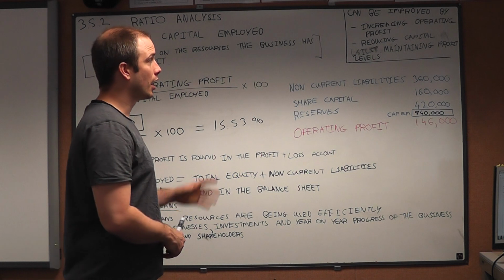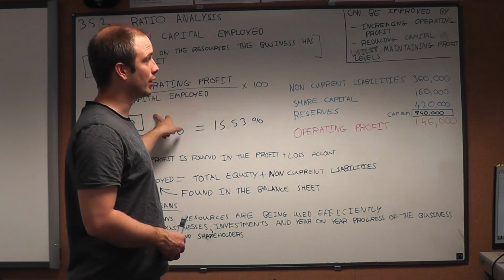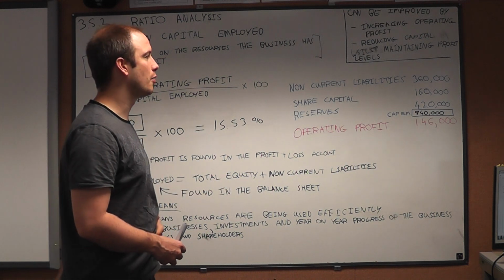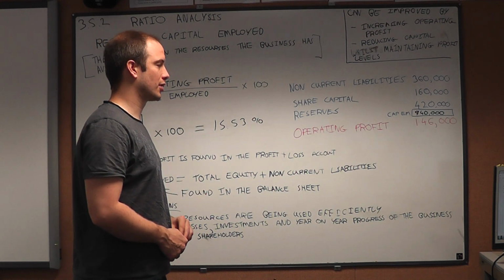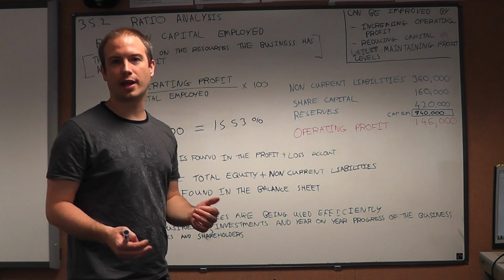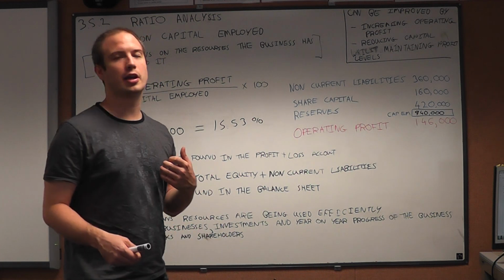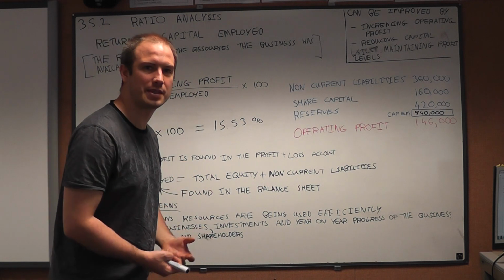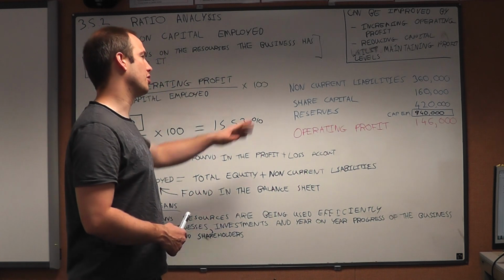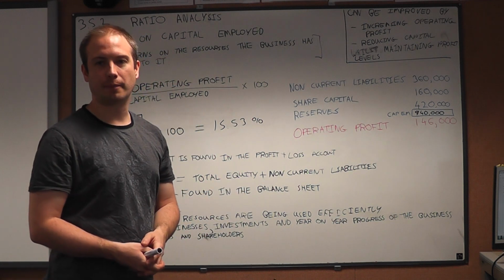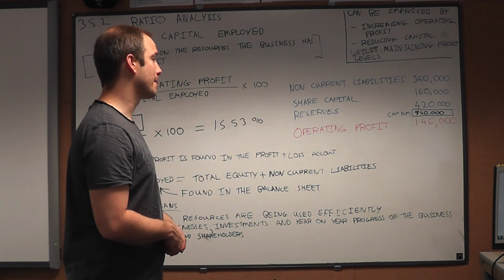The other thing is you can reduce your capital employed whilst maintaining the profit levels. That might be slightly harder to do. So you might think, can you operate with a smaller factory and perhaps sell part of it? Is the business in a position to pay off some debts? So reducing the non-current liabilities, which in turn would reduce the capital employed. So that's how it possibly can be improved.